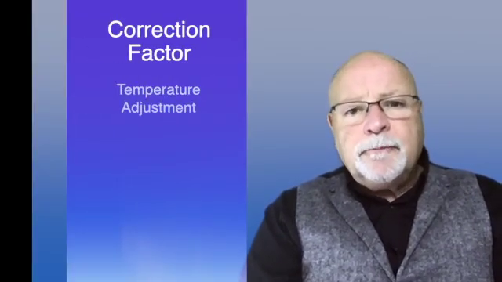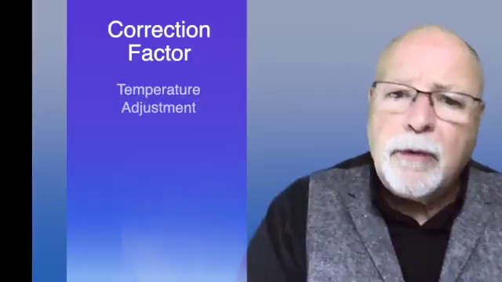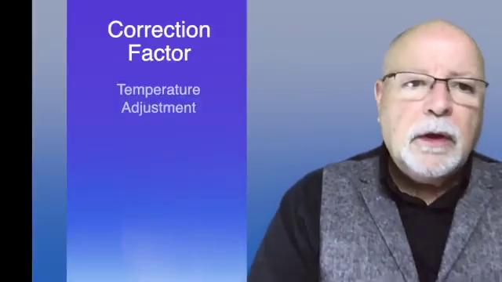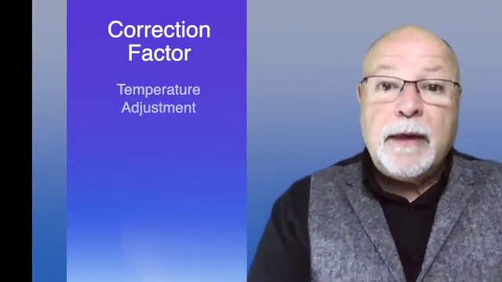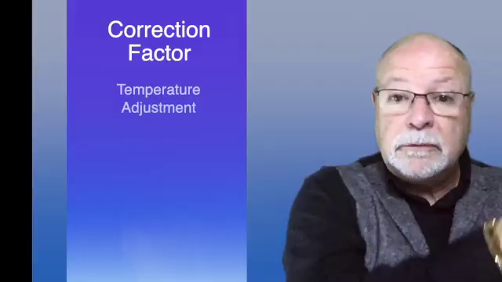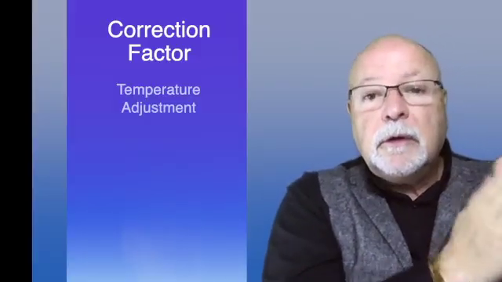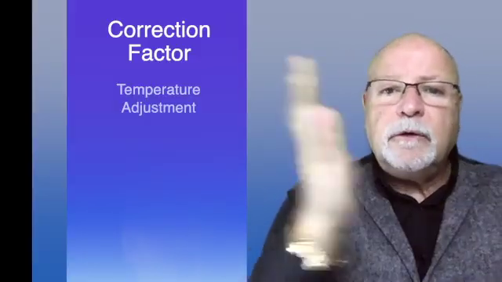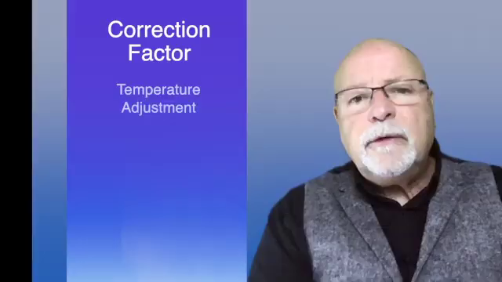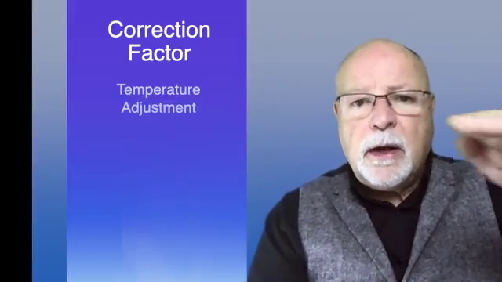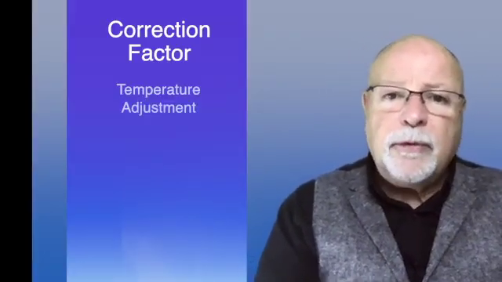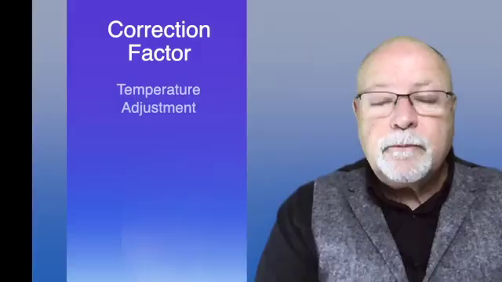The third one is a temperature adjustment or a correction factor. This happens based on that process I told you about of that resistance. We know that within our systems, alternating current is always going to have a certain amount of heat. That's why all of our equipment has performance values based on heat.